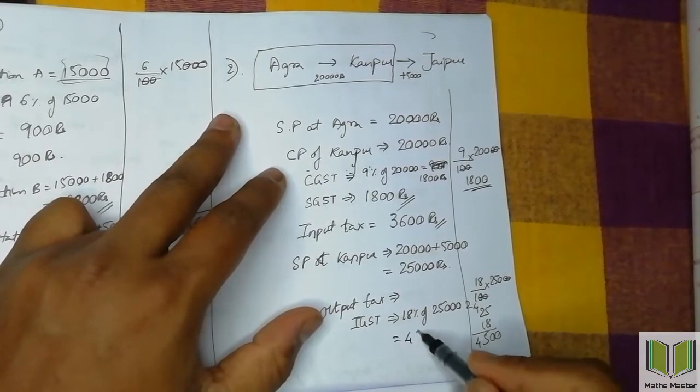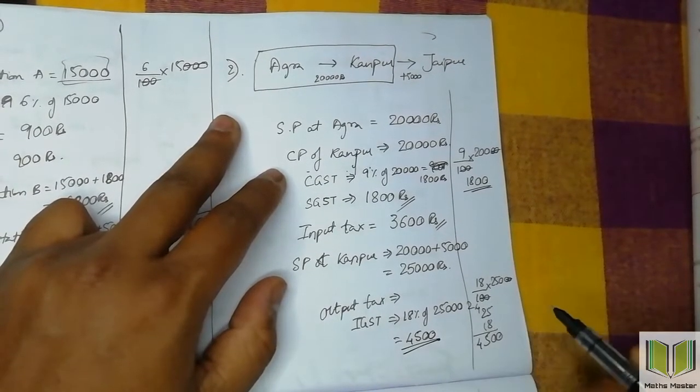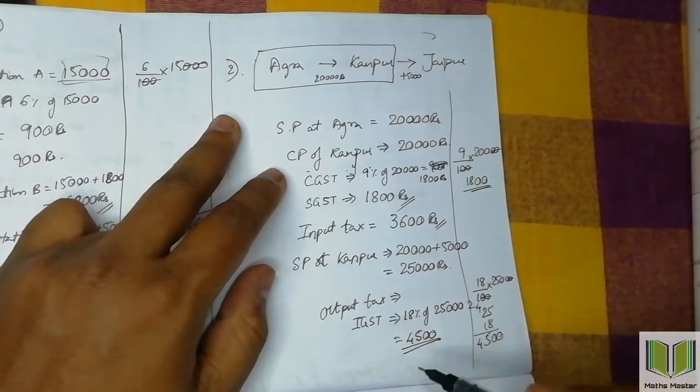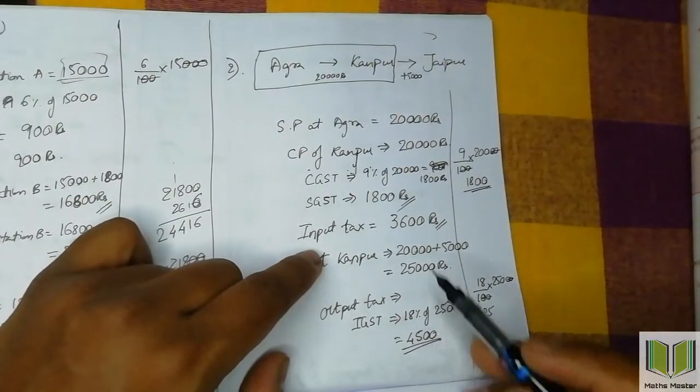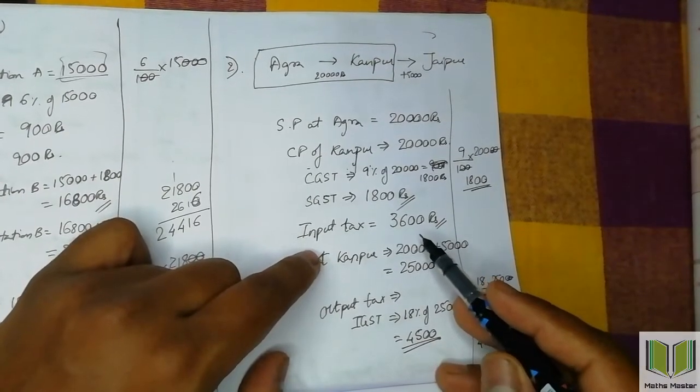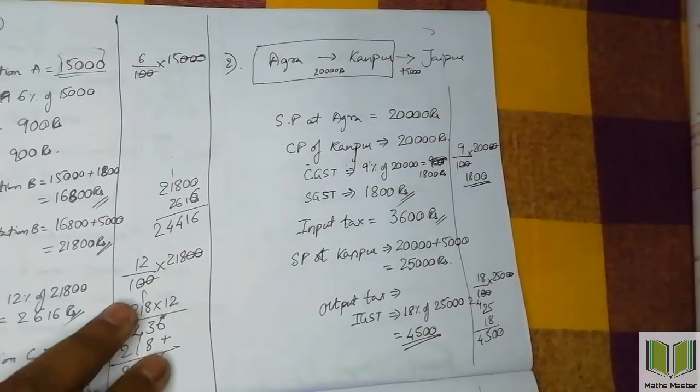So 4,500 will be the IGST. 4,500 is the output tax paid by the Kanpur dealer.